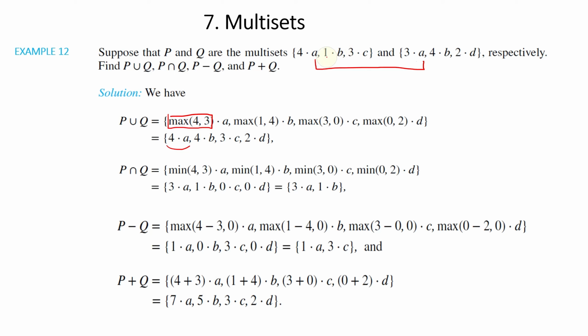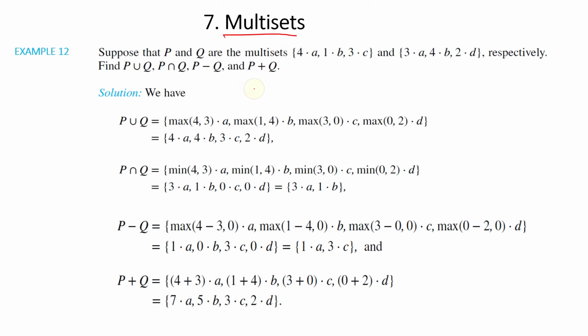What about the B's? I have 1 here and 4 there, so again the maximum between 1 and 4 gives 4 B's. What about the C's? I have 3 here and 0 there, so the maximum is 3. The same for the D's: there are none here, but there are 2 there, so I take 2 D's. That's the idea behind the union of multisets.